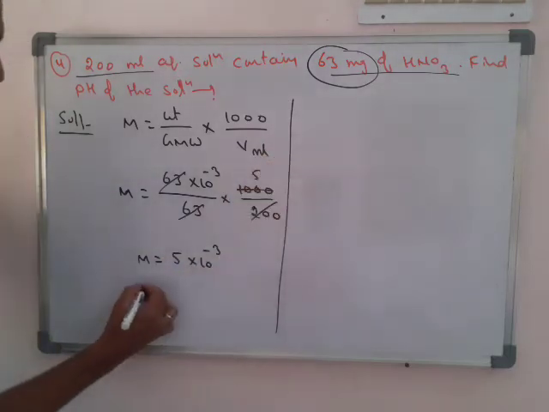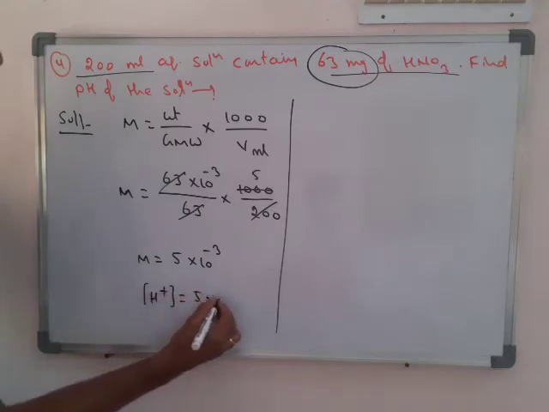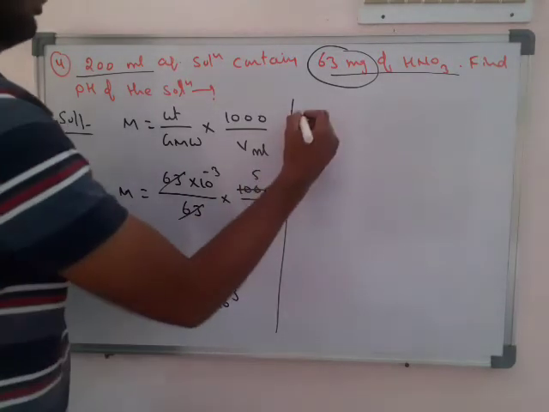So the molarity of HNO3 means the H plus concentration is equal to 5 into 10 power minus 3. Then what is pH?